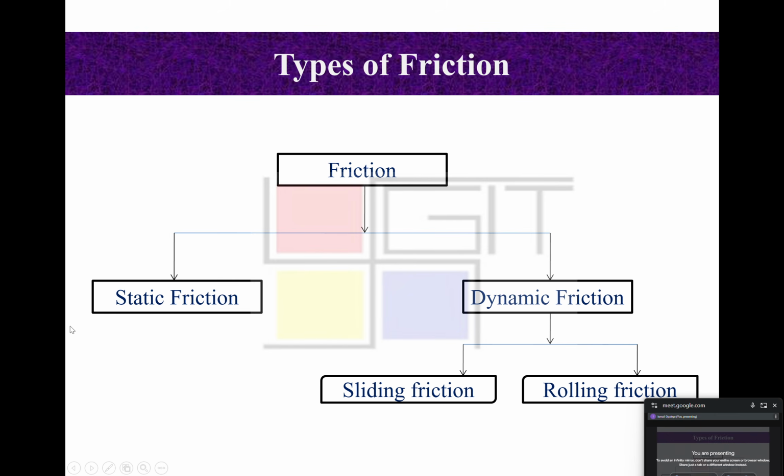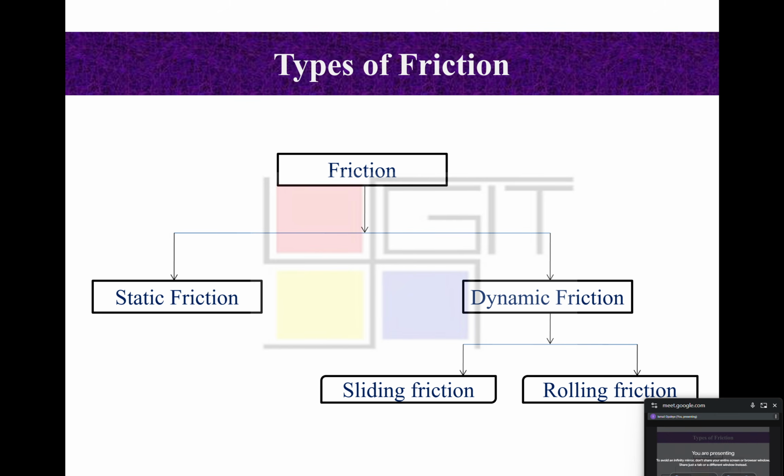So in static, the object hasn't begun motion at all. There hasn't been any motion started at all. For example, you have in a classroom a chair and a table on a ground surface. When you go there and you try to push the table, that kind of friction experienced between the point of contact of the table and the ground surface is what you call the static friction.